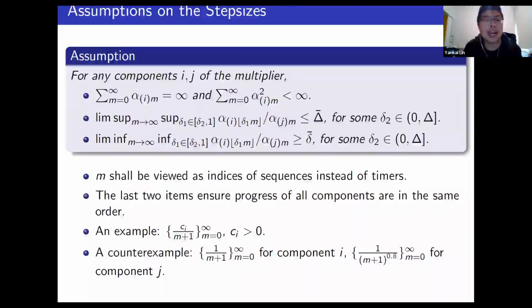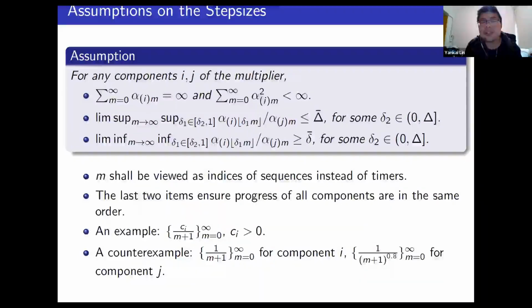And next is the assumption on the step sizes. As we discussed before, we allow different components i, j to select different step sizes because they are different agents, so it's reasonable to do that. And for any component of the multiplier, we have the following 3 assumptions. The first one is that the step size is squarely summable but not summable.